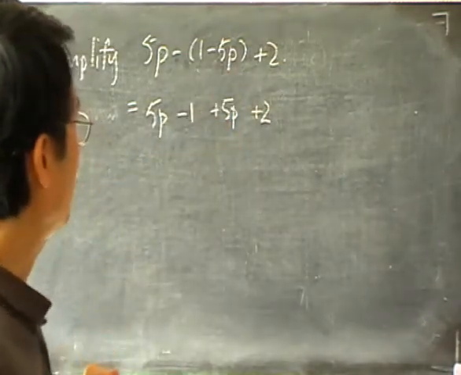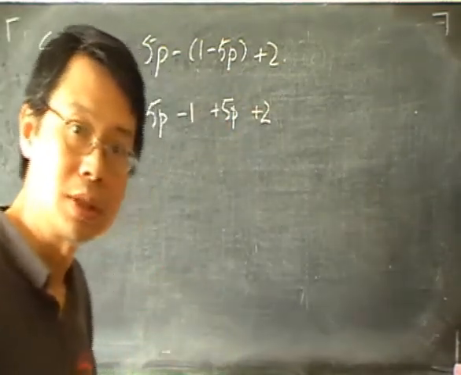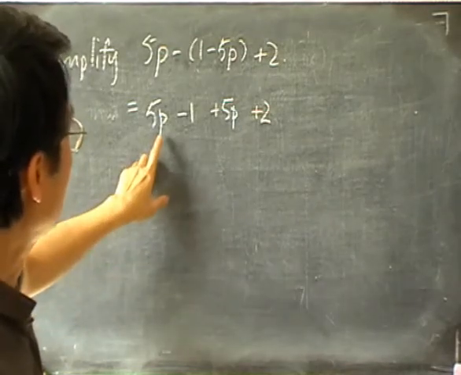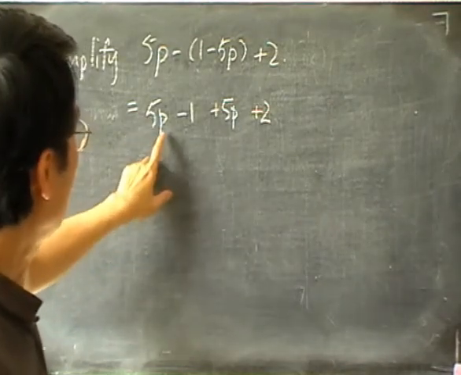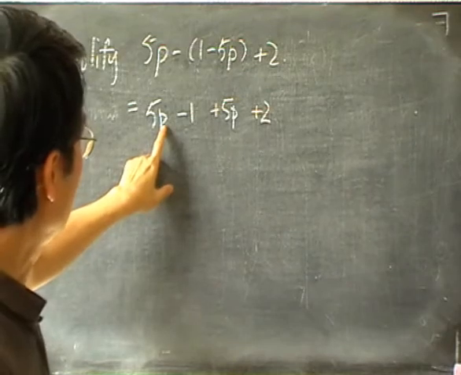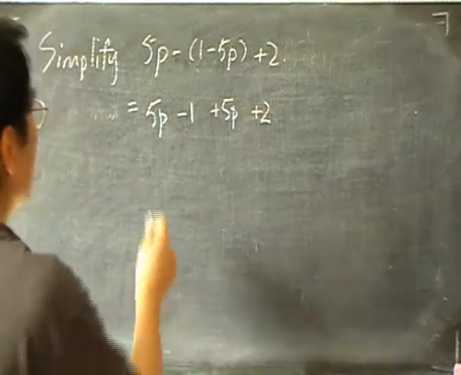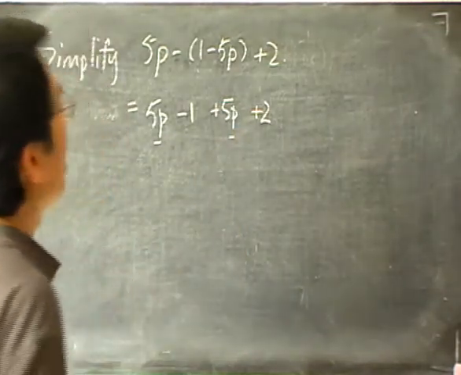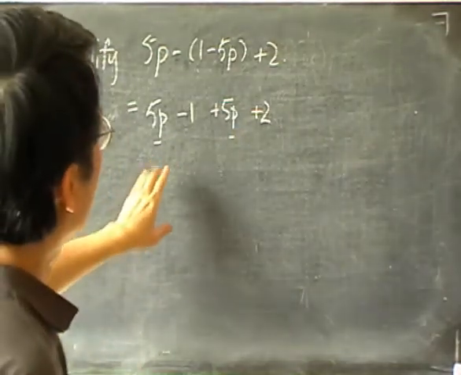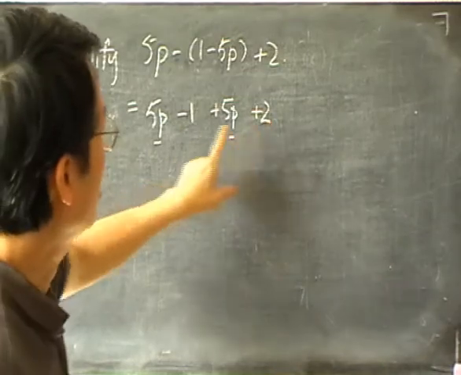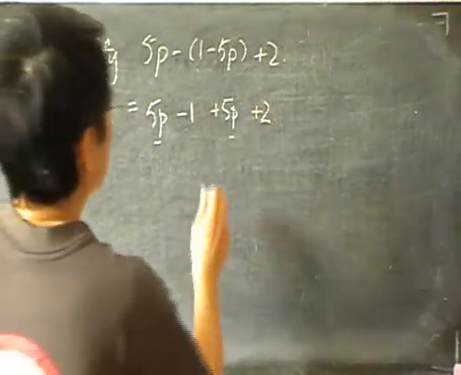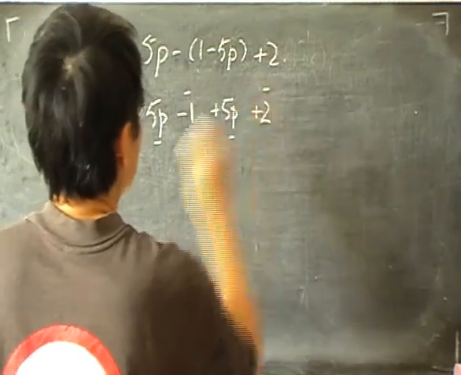And in the next step, we group the like terms together. In this case, like terms means terms that have a p. So this one has a p, this one has a p, and those two are just numbers with no letters.